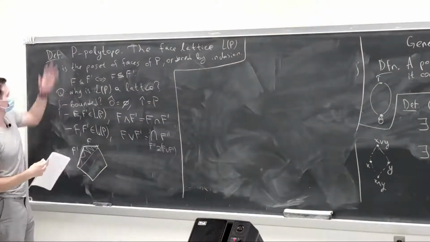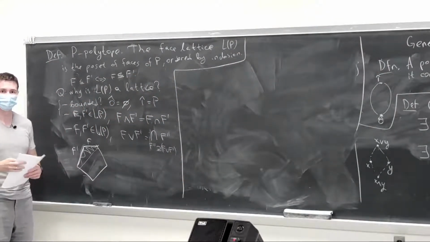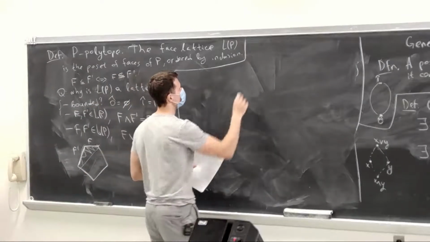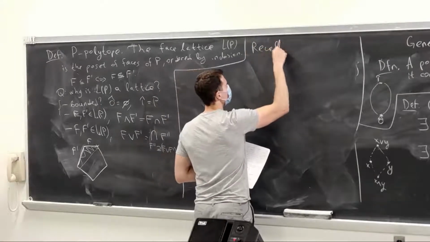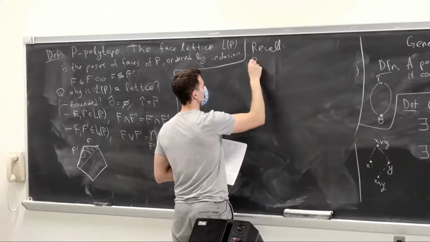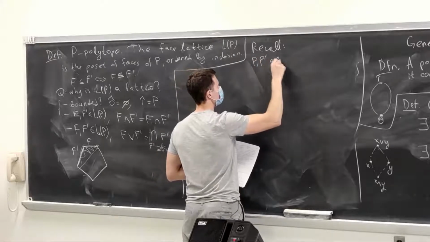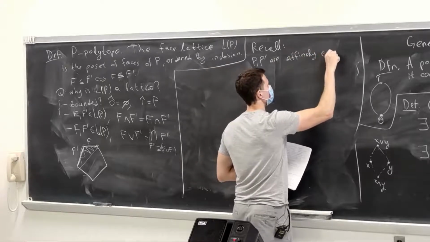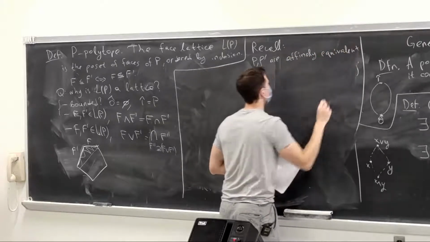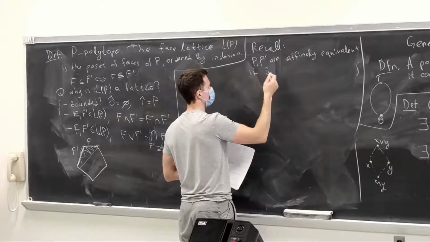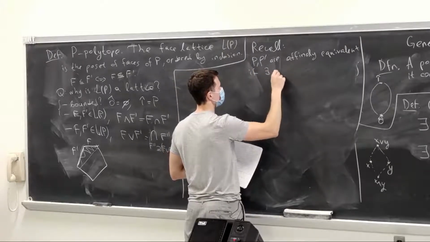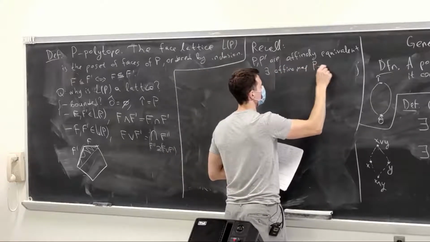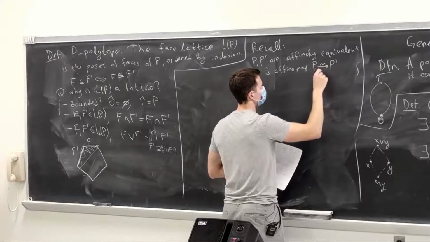Now with the help of this definition, we can define when two polytopes are combinatorially equivalent. Before, recall that P and P prime are affinely equivalent if there exists a linear and affine map which is bijective.